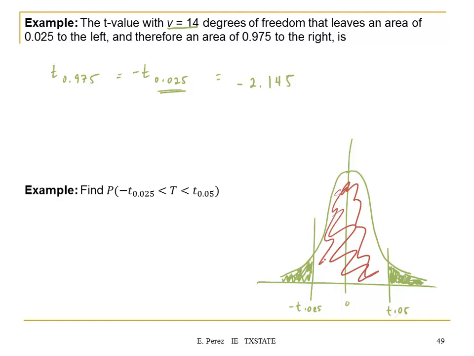So if you know that this is a probability of 0.025 and this is a probability of 0.05, what will be this area?